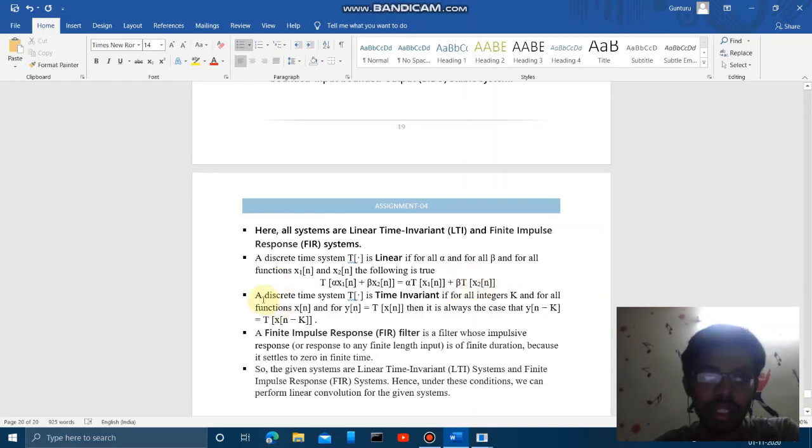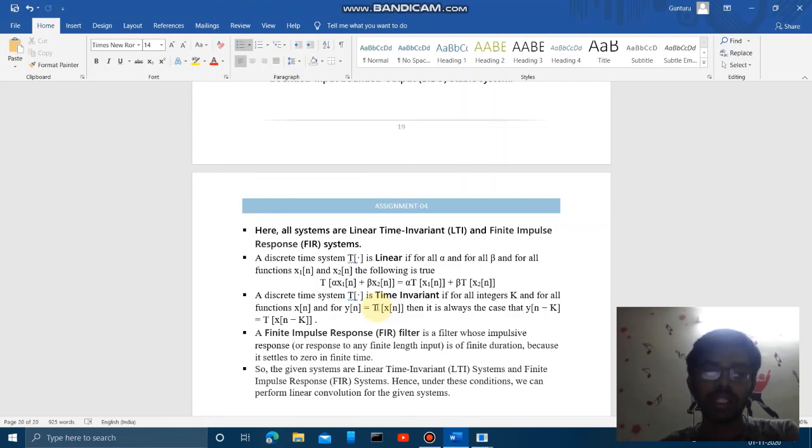And a discrete time system T is time invariant if for all integers k and for all functions x of n, and y of n equal to T of x of n, then it is always the case that y of n minus k equals T of x of n minus k. Here T is nothing but a system.